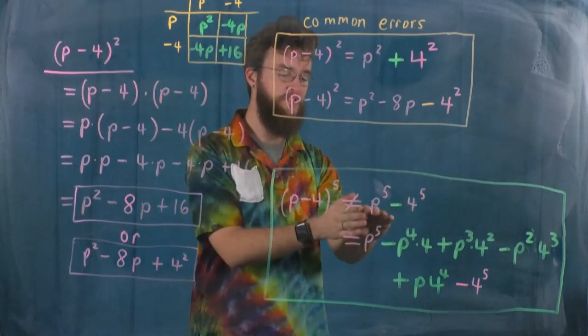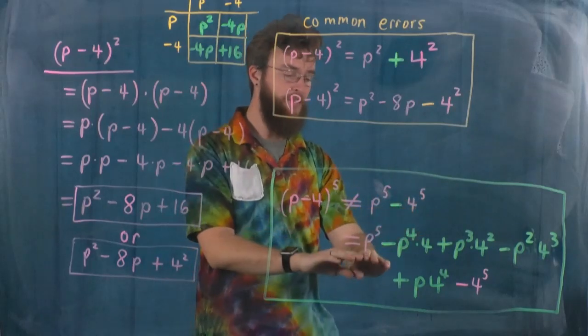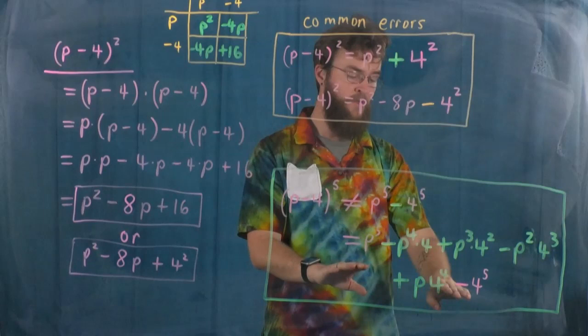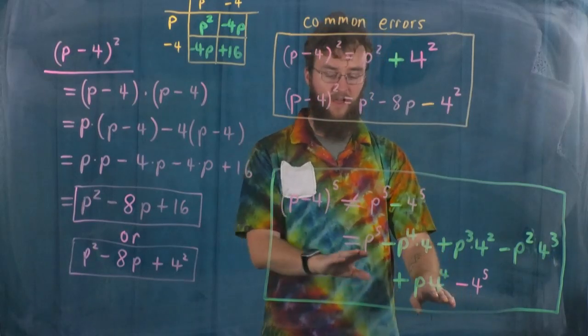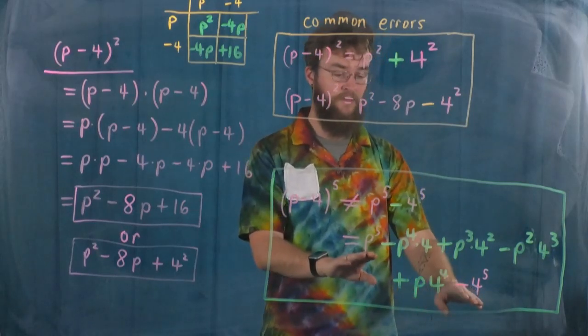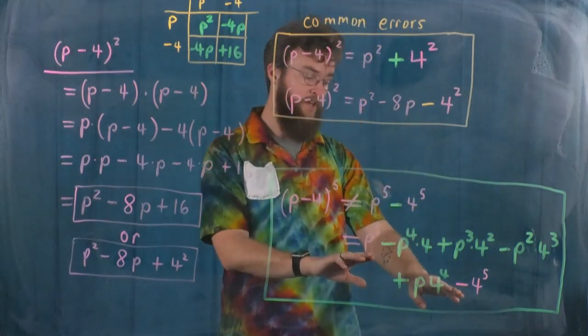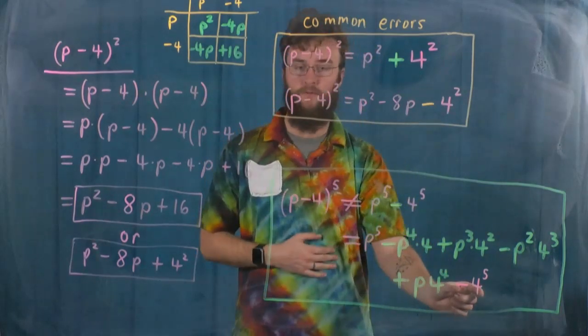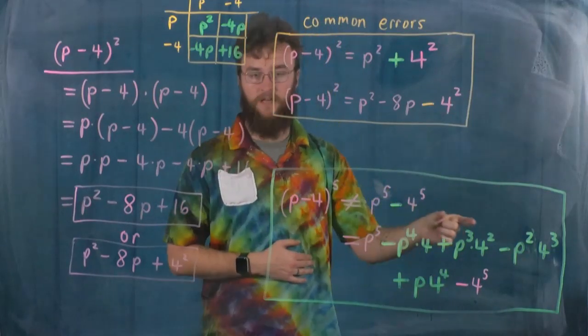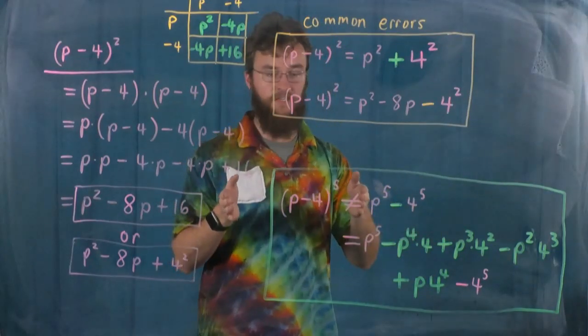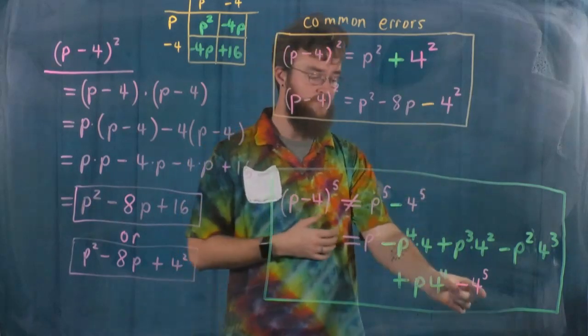You can always just assume this is false, and there's going to be a lot of extra stuff that shows up in between the p to the 5th and the negative 4 to the 5th. In this case, you do get a negative, and that's because we're multiplying negative 4 times itself 5 times. So the first 4 negatives will cancel out, and the last one will give us a negative sign here.